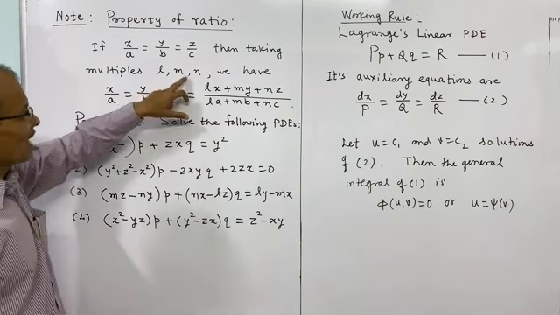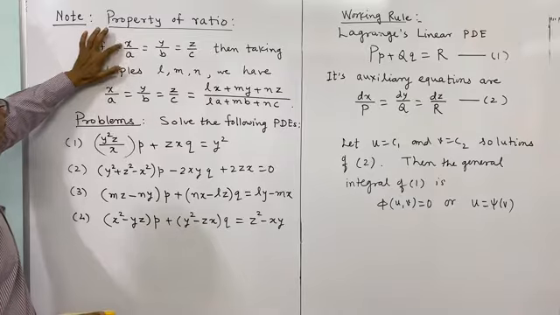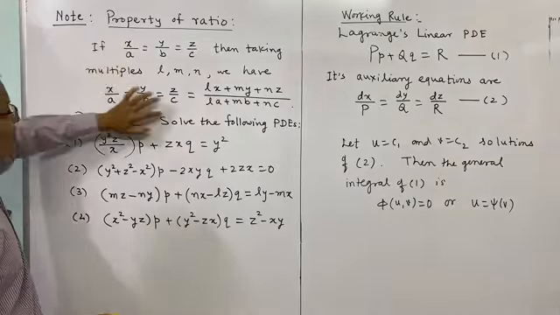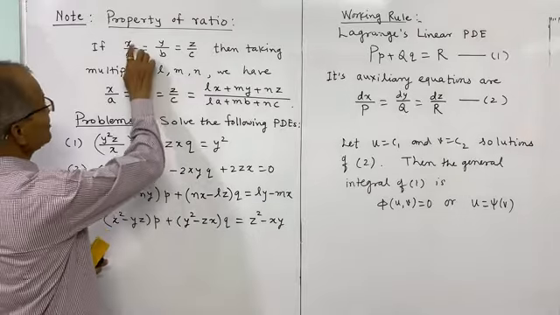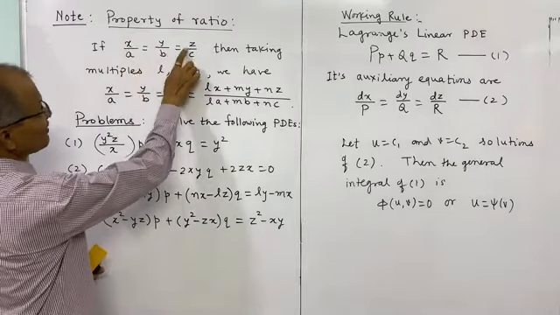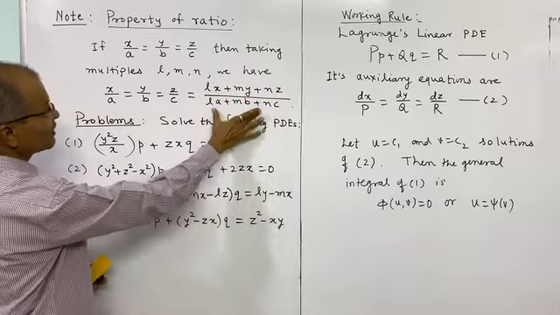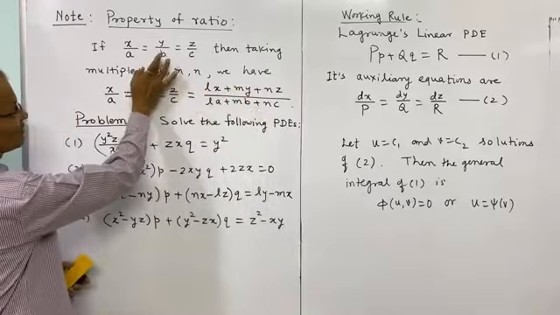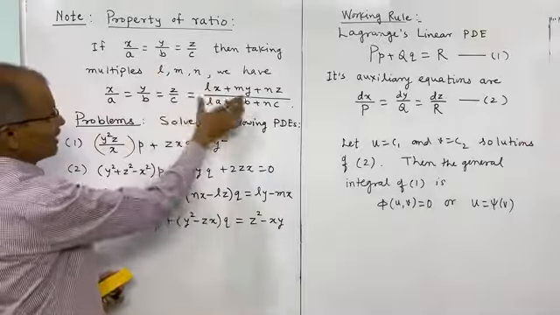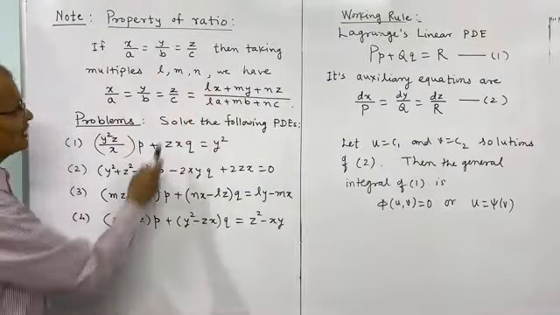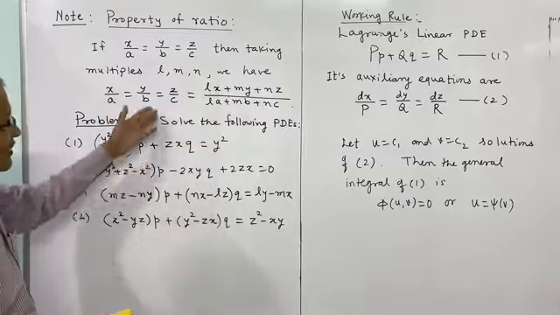Then taking multipliers L, M, N, each ratio is equal to L into x plus M into y plus N into z in the numerator, and in the denominator also we multiply the respective terms by the same multipliers L, M, N and then add. So each ratio becomes like this. You can verify by taking any proportionality.